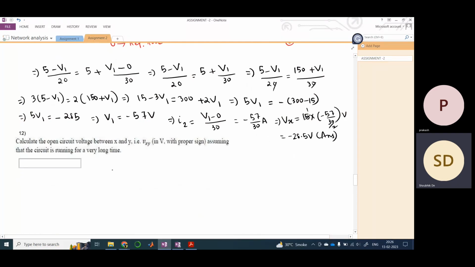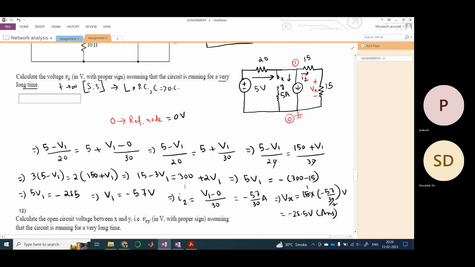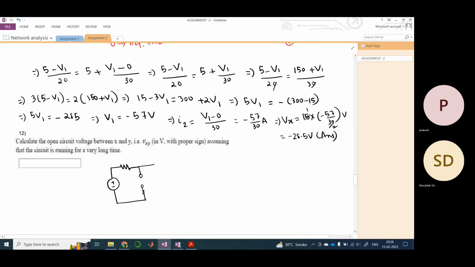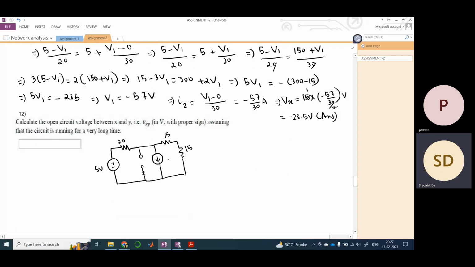Let me redraw the circuit. Then there is a 15 ohm and 15 ohm connected, a 5 ampere source, a 10 ampere source, a 10 ohm resistor, and this is xy, and we assume this is node 1 and node 0.